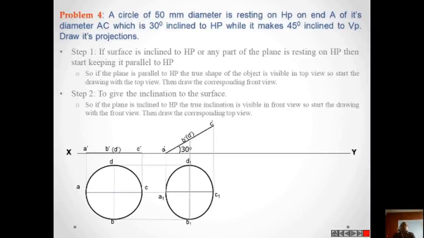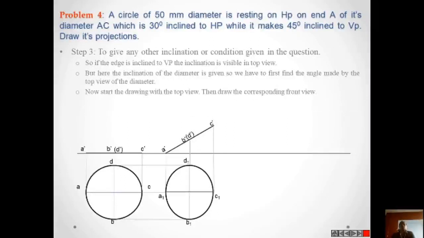Now here the next step is little crucial that we have to pay attention. What is that? Here instead of giving the angle of A1C1, he has given the angle of AC.